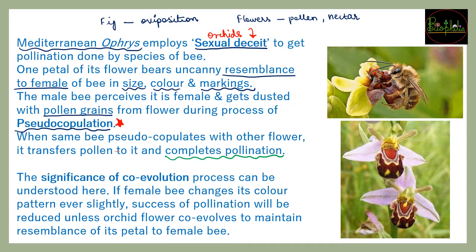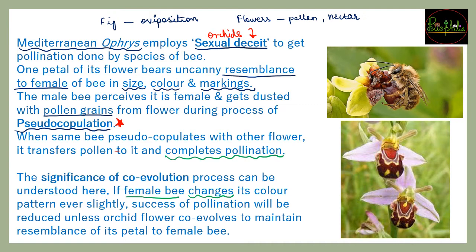So herein also there is a significance of co-evolution. If females in the bumblebee or honey bee are changing, for example from brown color to red color, then the success of pollination will decrease, because now the male knows that the female is no longer brown, she has turned red. If the petal of the flower stays brown, the male will not get attracted.